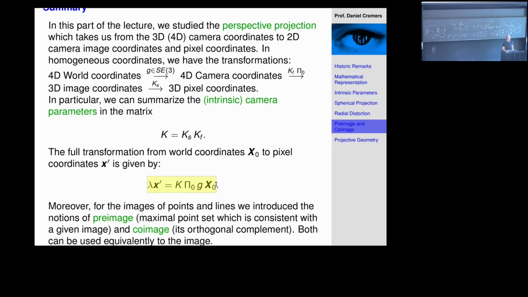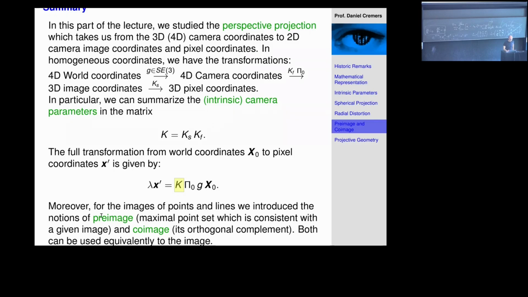As I mentioned, always read these projections from right to left, meaning you start with x0, the world coordinates, then multiply into the camera coordinates, then the standard perspective projection, which kills the last component, and then this rescaling that brings in the intrinsic parameters of your camera, in particular focal lengths and the pixel coordinate transformation.